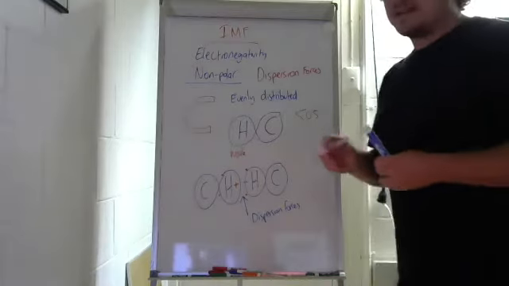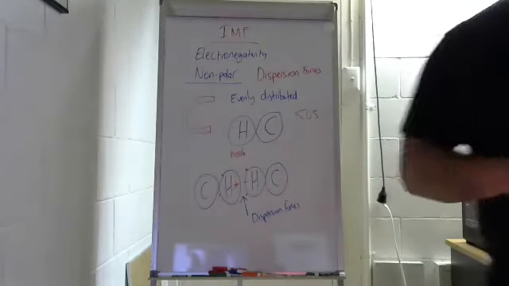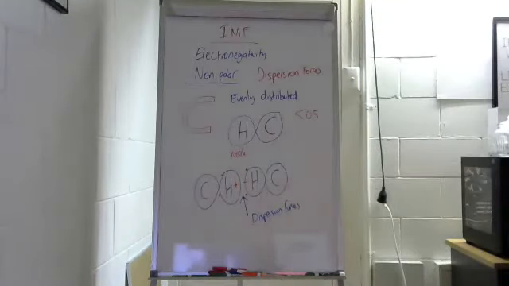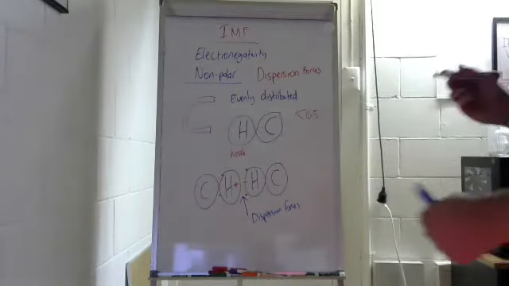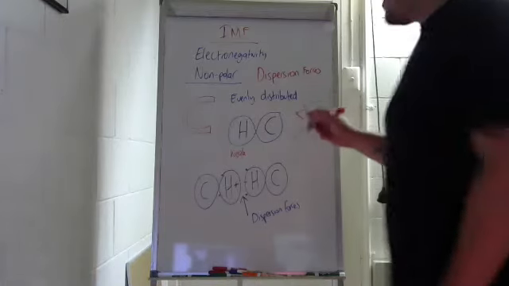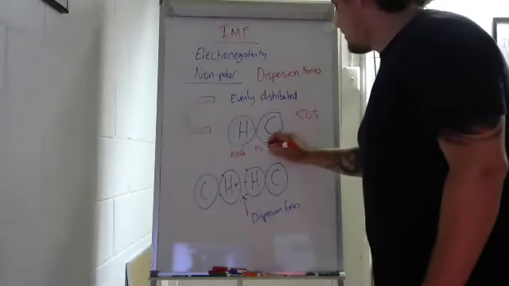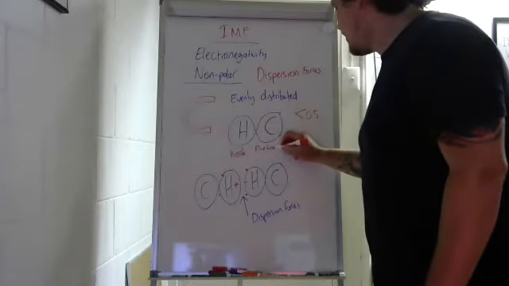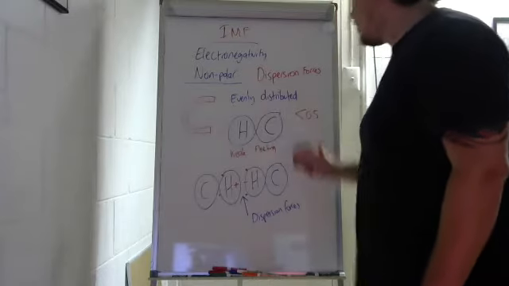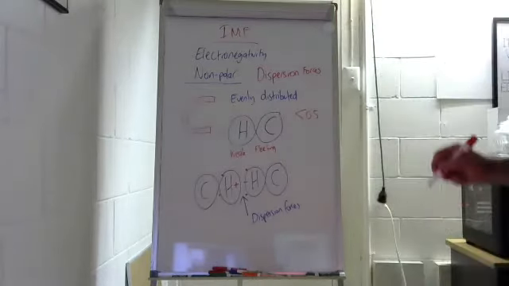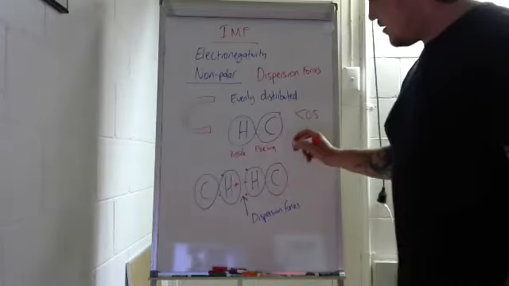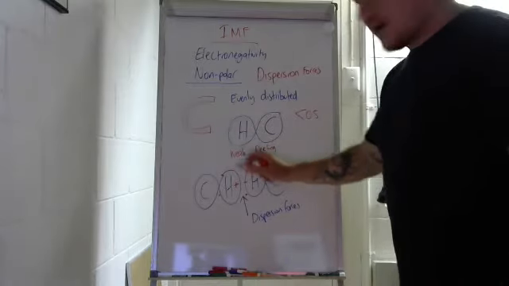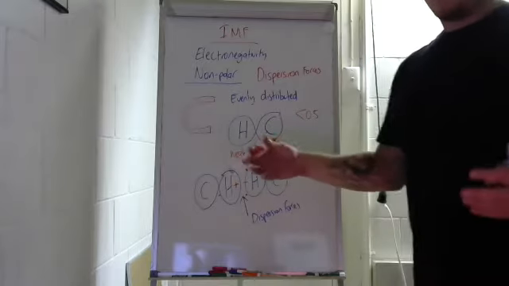So they are the weakest intermolecular force that we look at in organic chemistry. They are also fleeting. I think that's the term I use. Fleeting. Because eventually, these electrons will move back around and that bond will break.